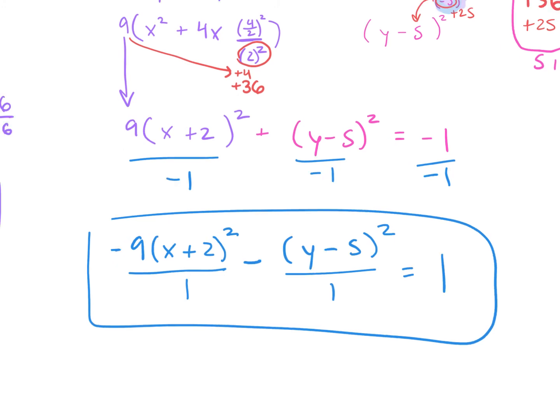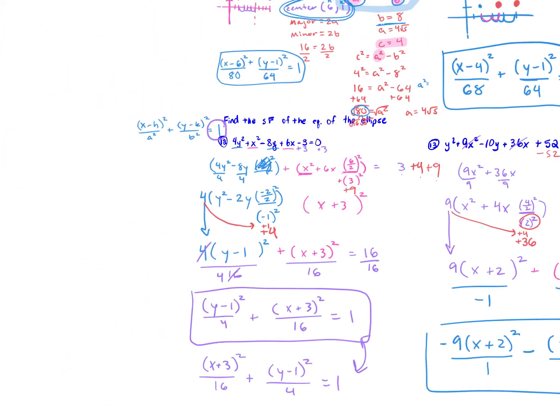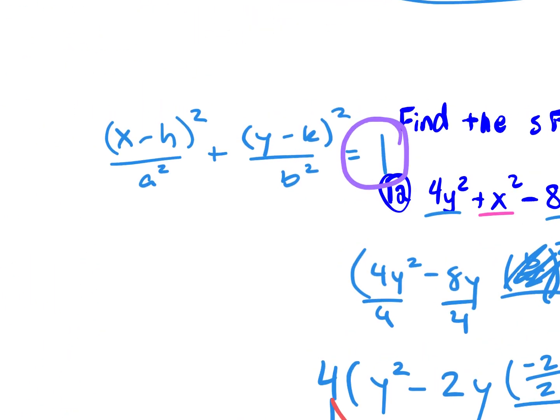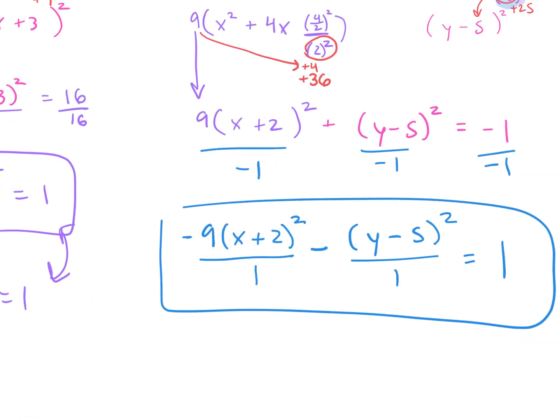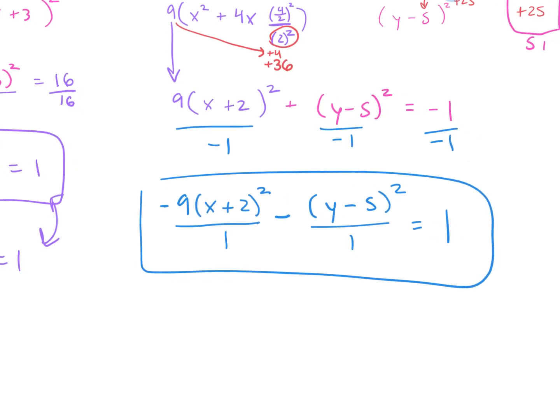So it helps to leave the 1s on the bottom because standard form of a circle is like with a denominator over here. So it helps just to see that 1 is your a squared and 1 is your b squared. So you don't have to leave it over 1, but it kind of helps if you were graphing it. But again, we're not graphing.